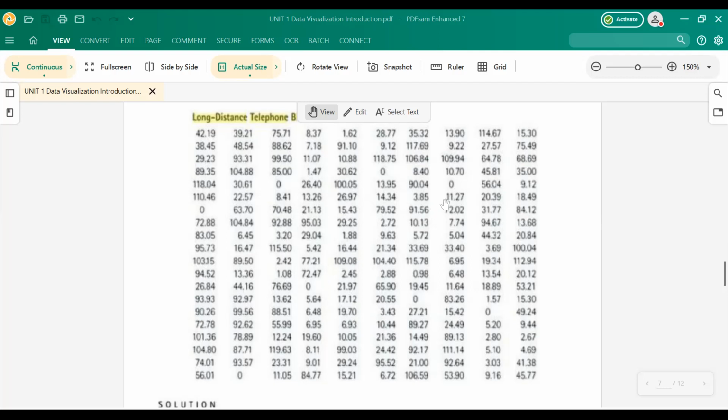So when you read the data, when you're doing business analytics, the first step is always to find the objective. What is your objective, right?